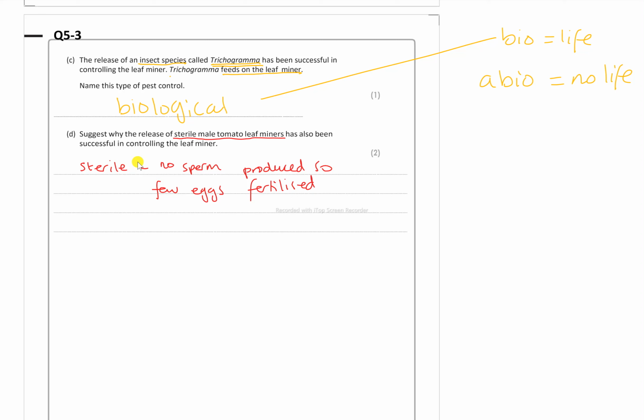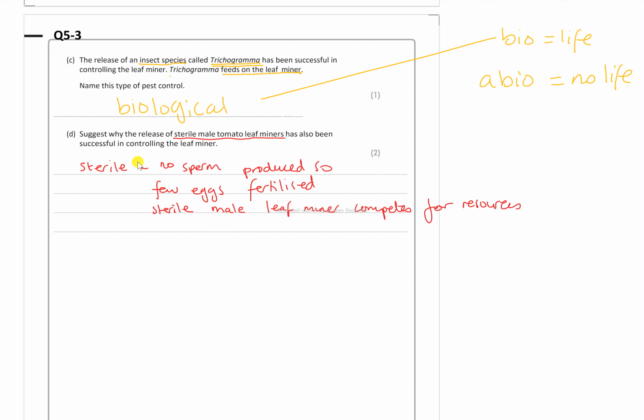And also, and this is important, the sterile male leaf miner competes for resources with other fertile male leaf miners.